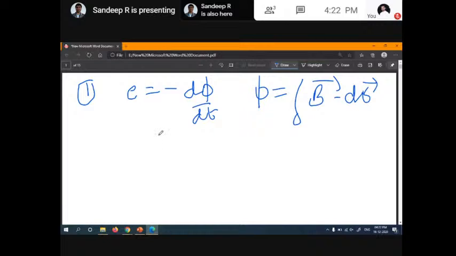So now let us calculate phi. Phi is equal to integral B dot ds.